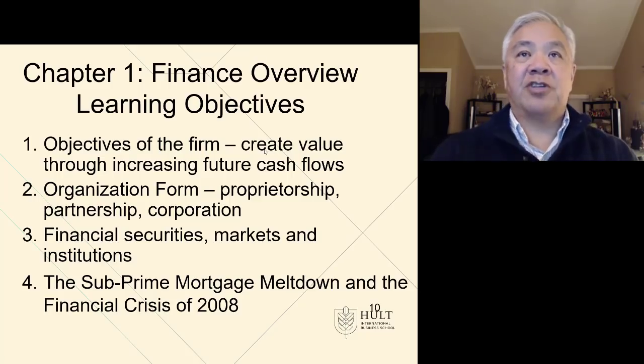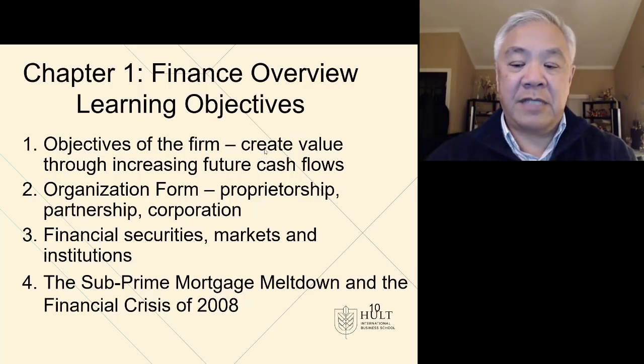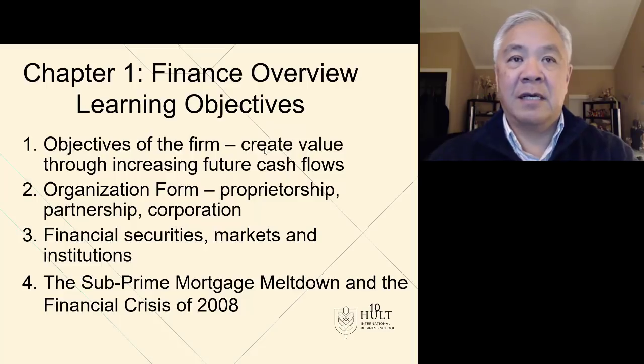The learning objectives for chapter one are to understand the objectives of the firm, and that is to create value for the shareholders and employees through increasing the future cash flows. Second is to look at different organizational forms. This is a fairly technical topic, which is important for you to understand, related to the differences between proprietorships, partnerships, and corporations.